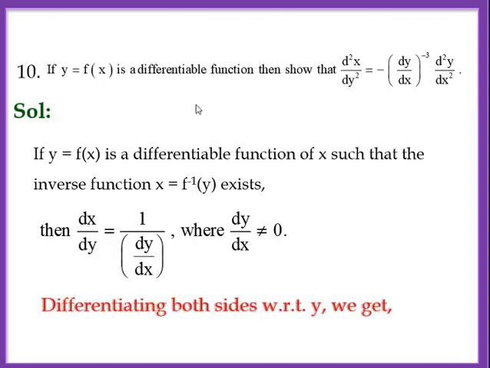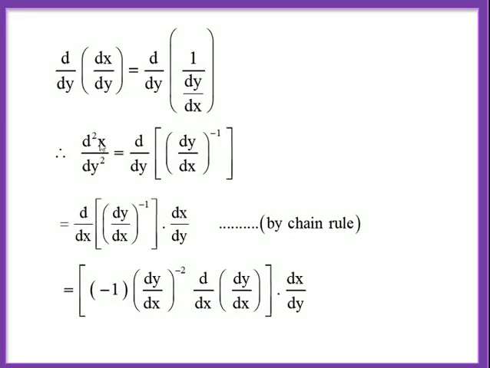Why 1 upon dy/dx? Because we have begun with dx/dy equal to 1 upon dy/dx only. Now derivative of dx/dy with respect to y is d2x by dy square. Now by chain rule, what is d/dy? It is d/dx into dx/dy.